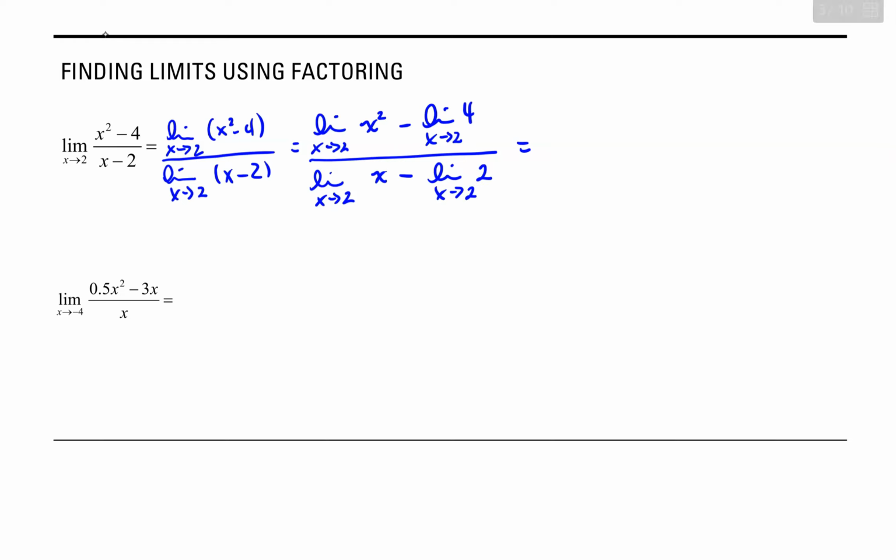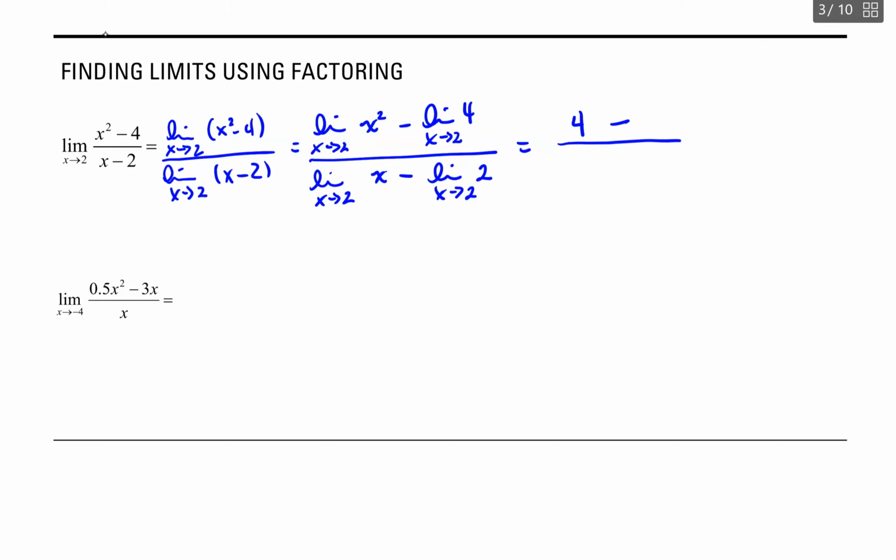Now, in the numerator, this first term, the limit as x approaches 2 of x squared, well, as x approaches 2, x squared will approach 4, minus.